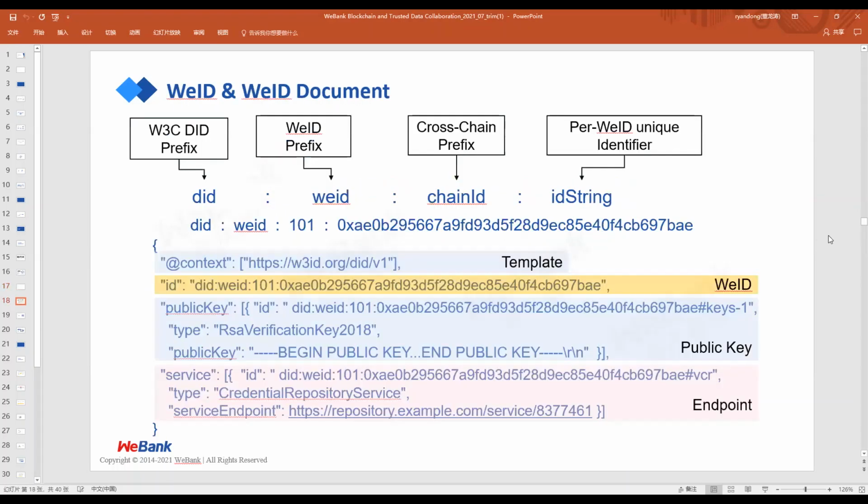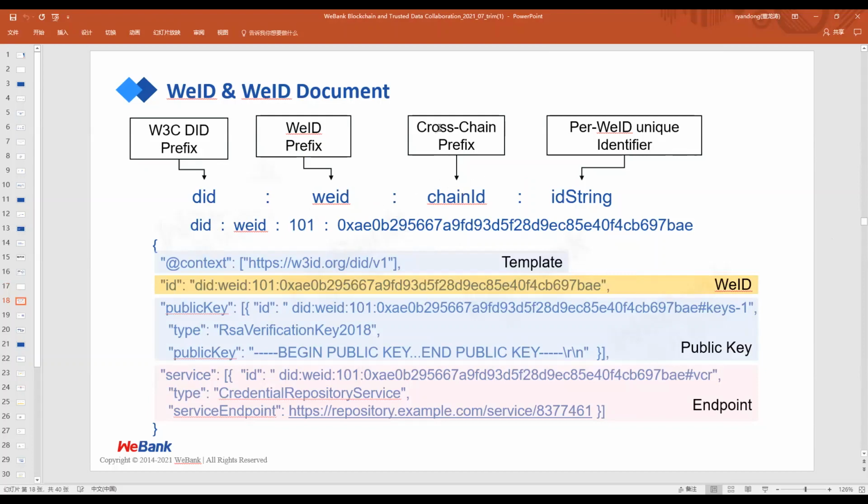So look at the full credential when we use the VID document. Remember, we always start with the DID part, and then VID is the method. And then you can have multiple sections here. Then this is a Qiang ID.